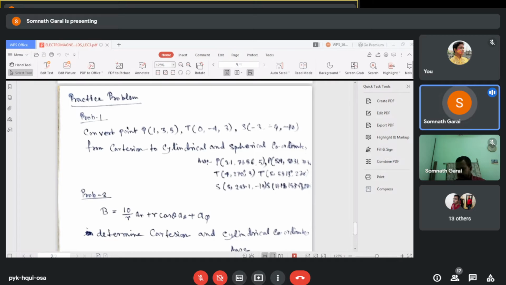What is the relation of phi? So tan inverse y by x. What is the value of y? Minus 4.